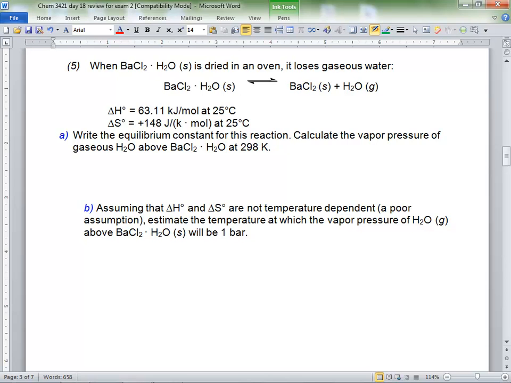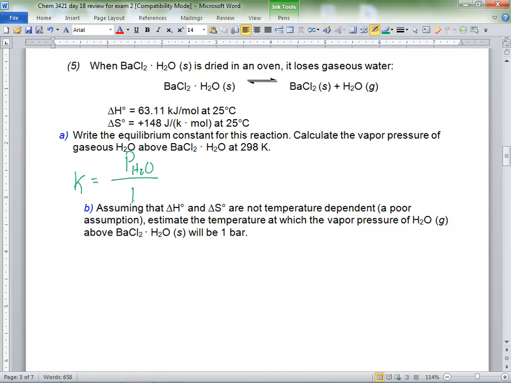Okay, Javier, how about I write the equilibrium constant? Products over reactants. So water is a gas, so you can't write brackets. You've got to write the P. That's it.